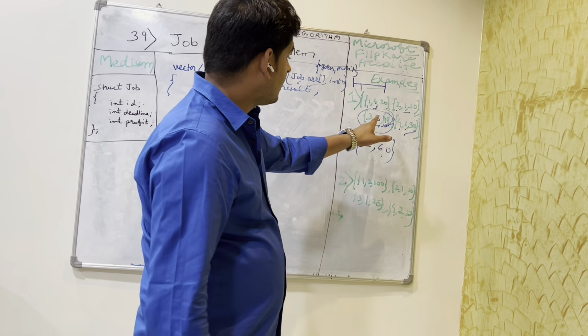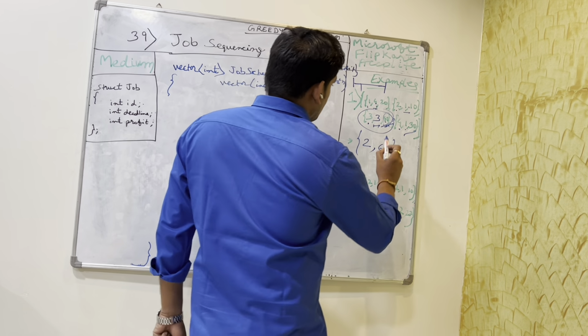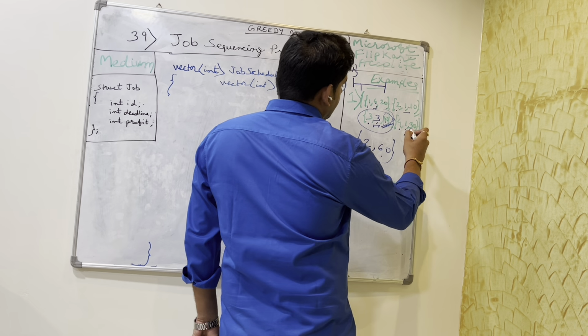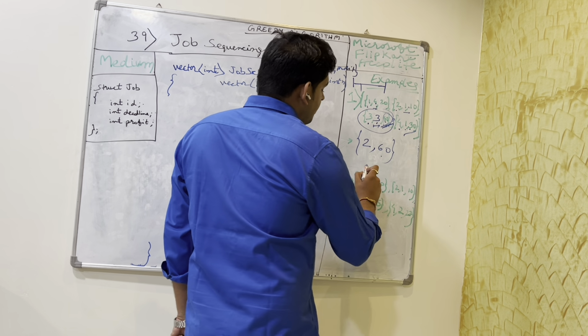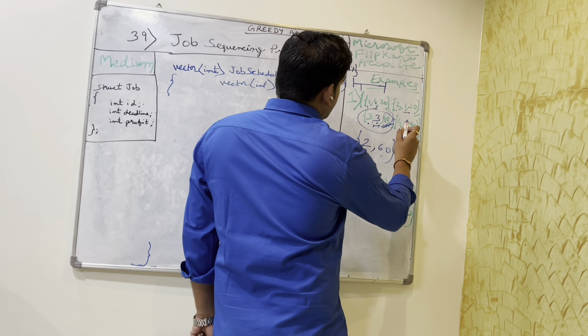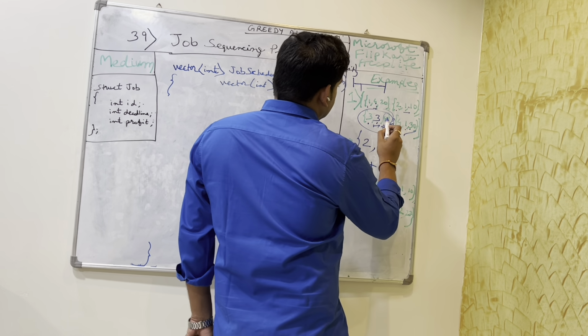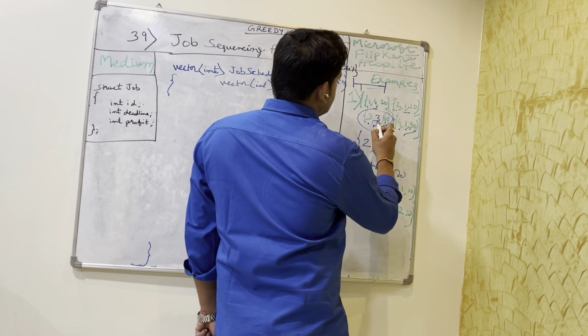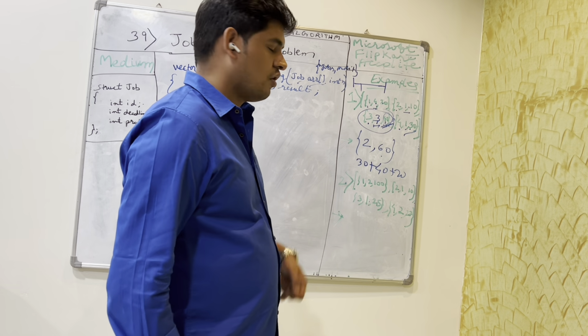But what would be the better answer? Instead of taking 40 first, take this one 30, then take this one 40, and then take this one 20, because its deadline is 3, so you can complete it later on also.